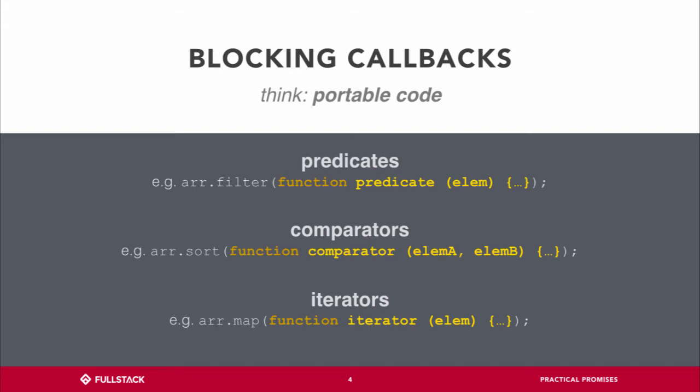That's going to happen in line, and the predicate function is going to get called on each item in the array, similar to an array sort method and similar to an iterator, which takes an array and returns another array, and it does it with an iterator function. But again, all these are blocking callbacks, so there's nothing asynchronous about them. The callbacks get called immediately.